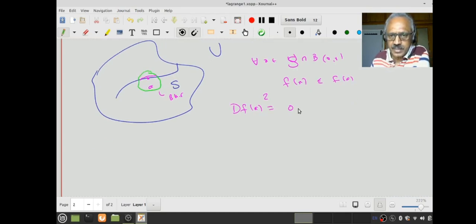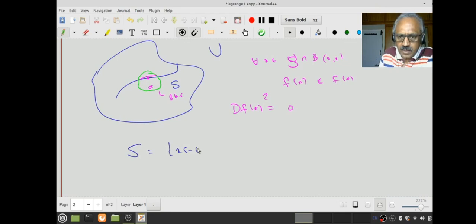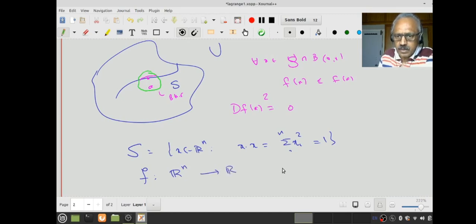A typical example, to make sure that we all follow what is happening: let me look at S, the set of all x in R^n such that x dot x, that is the summation of x_i squared from 1 to n, equals 1. And let me look at the function f defined on R^n to R, where f of x is x_i.